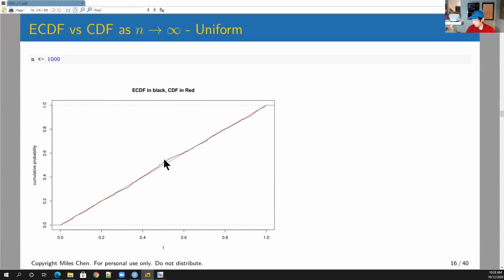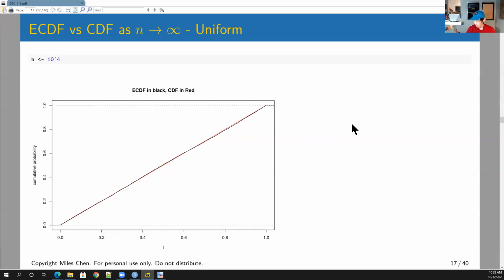And in this region, where the slope is a little bit steeper, these values are a little bit closer together than we might expect. And then over here, the values are slightly more spread out. But anyway, we can see the empirical CDF lines up quite closely to the true CDF, and that's with 1,000 values.